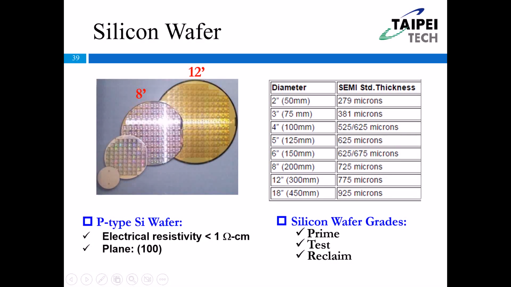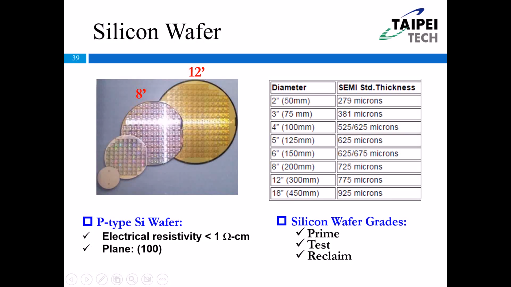And for the silicon wafer grade, if you need to use a silicon wafer but you don't need to fabricate a transistor, maybe the reclaim wafer. Reclaim wafer is the reuse wafer, the second-handed wafer. It's good enough.